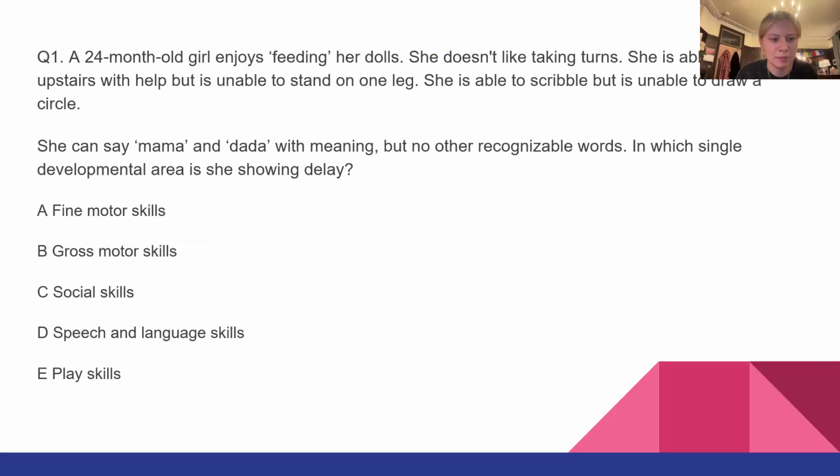So if you go on to the next slide, please. So here's our first SBA of today. I'm just going to give you maybe half a minute to have a go, and then we can discuss what the correct answer is.